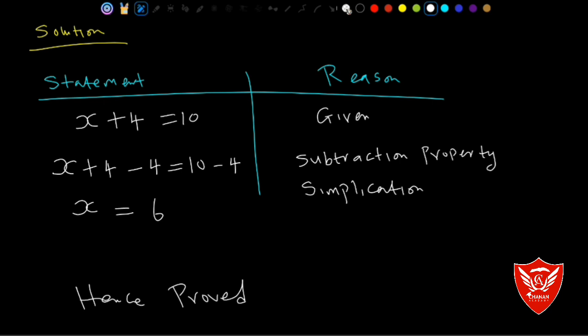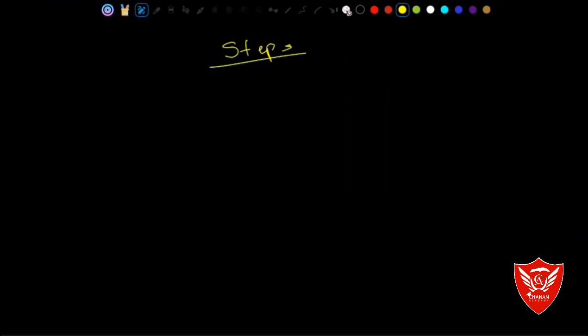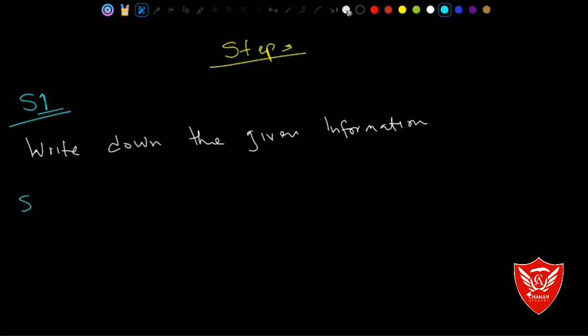Alright, let's move on to steps for solving deductive proof questions. The first step you need to do is to write down the given information. Step 2, identify what must be proved.